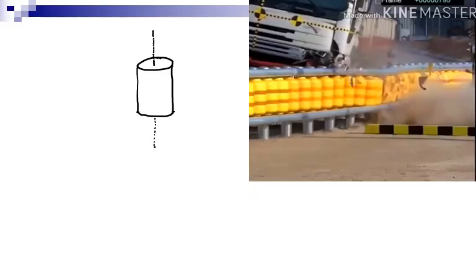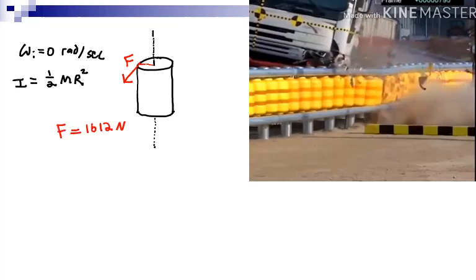Let's go ahead and draw one of these. What we're going to do is approximate it as a cylinder, so 1/2 mr squared will be the moment of inertia. It's going to start from rest when the vehicle hits it, and there's a force on it. We'll say it's at a perfect 90-degree angle here. The force is 1,612 newtons, and the mass of these is 35 kilograms.